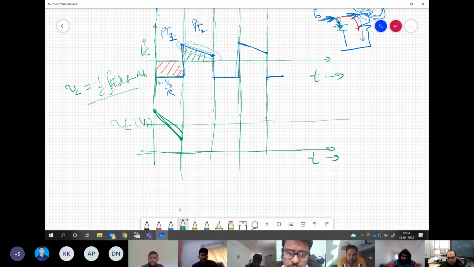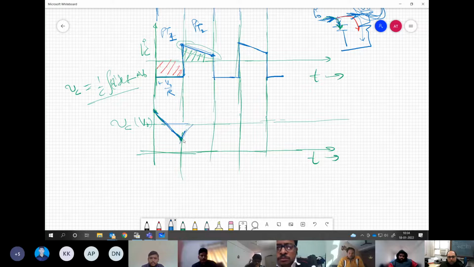So the voltage for the capacitor is going to be parabolic but with changing slope, because values are changing everywhere. The slope will be highest here because the current is highest here, and slope will be least here because the value is least. But this will be a quadratic kind of voltage.